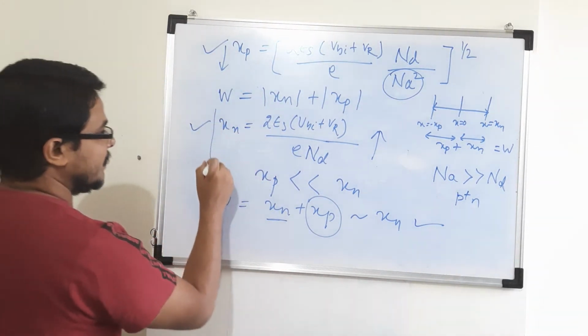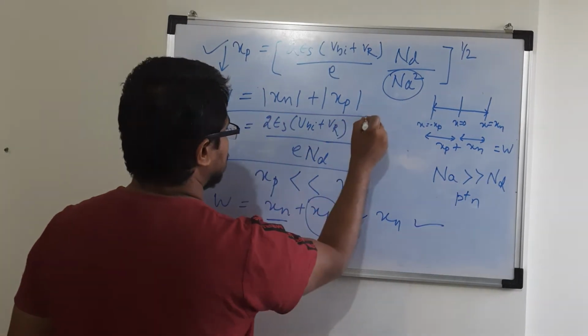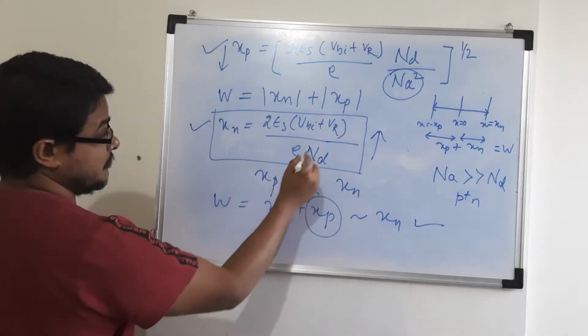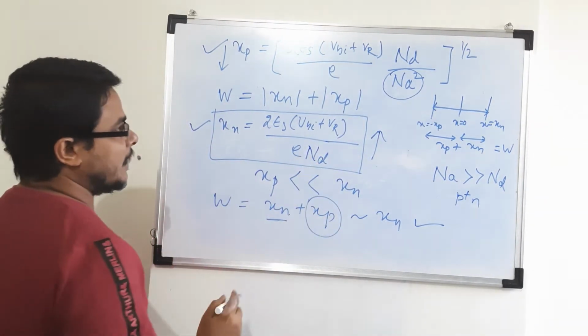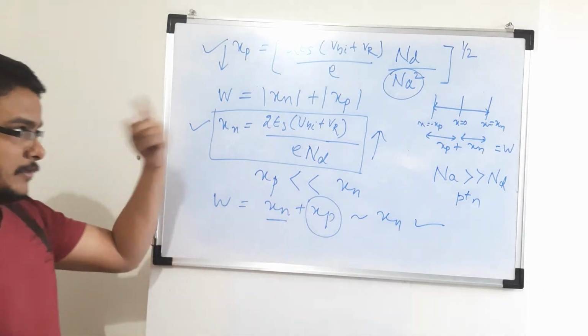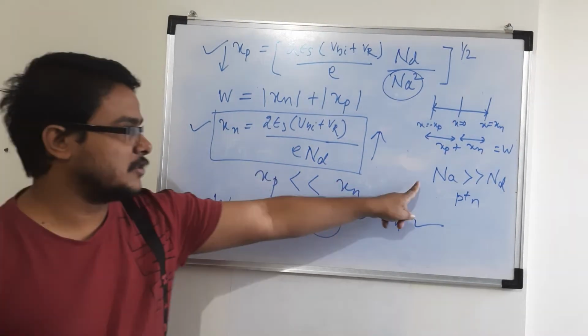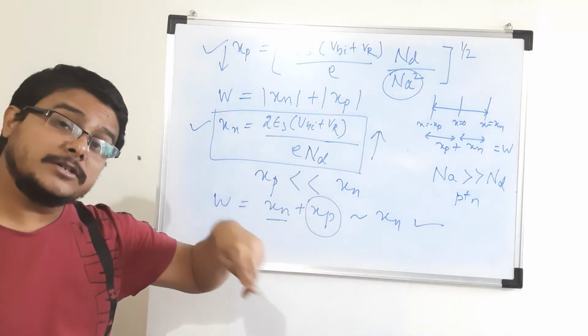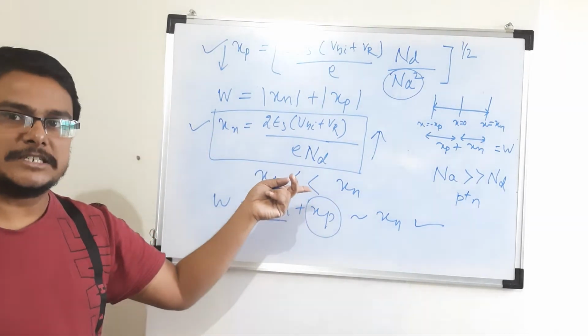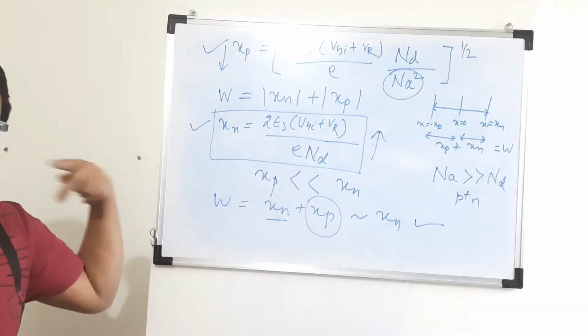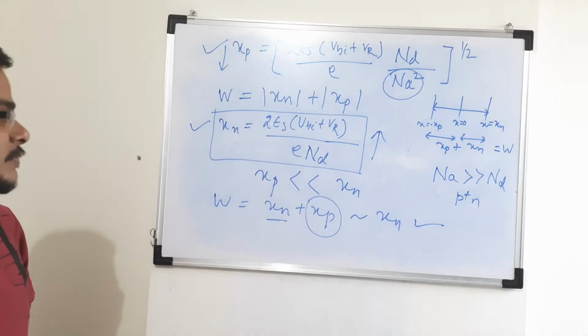This can also be verified. You just remember this value: xn is equal to 2 epsilon s Vbi plus Vr over E Nd. Now if you substitute the condition of Na much larger than Nd in the space charge width expression that we have already determined for the reverse applied bias, then also we can verify it.